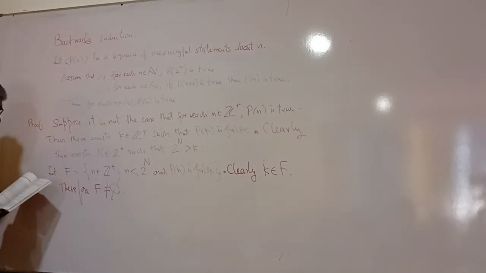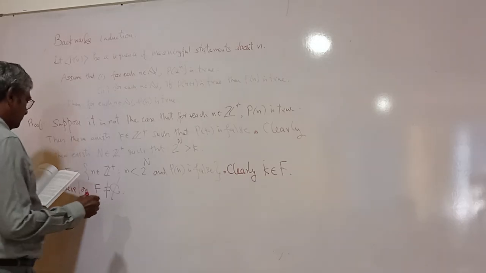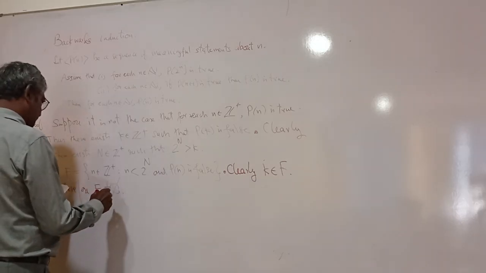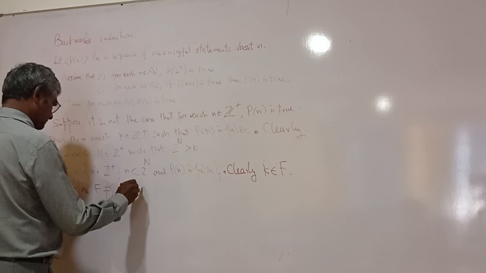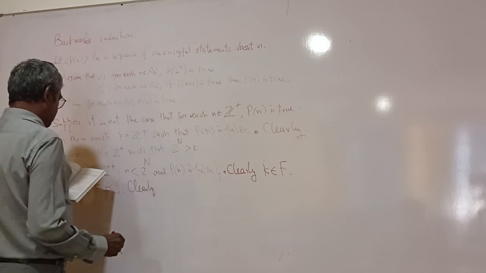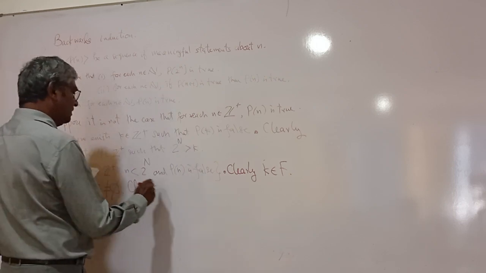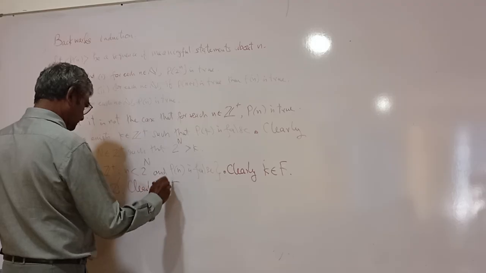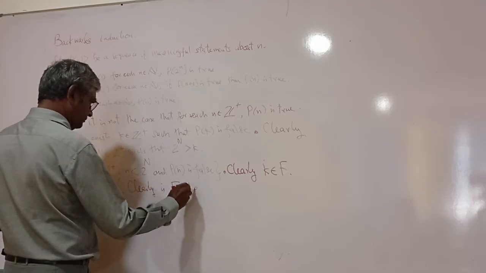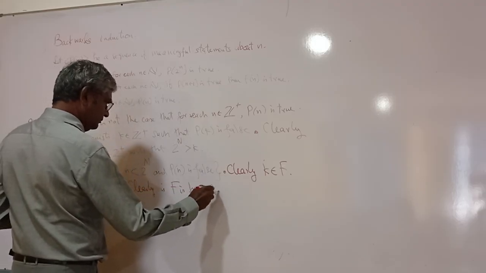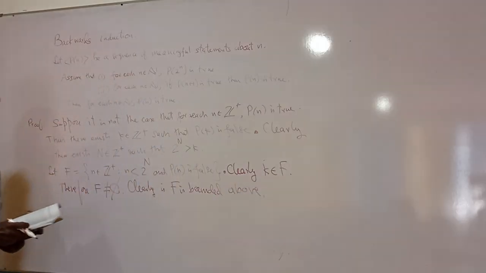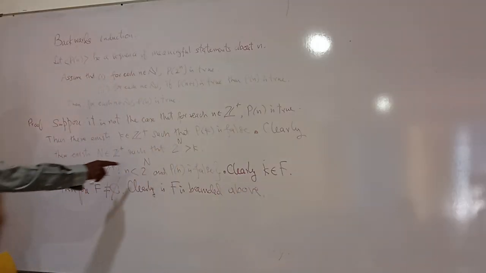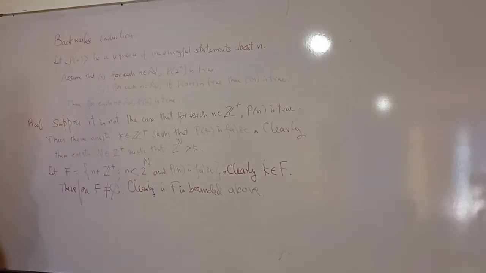Clearly capital F is bounded above. Right? Because capital F is bounded by 2 to the n, so it is bounded above.